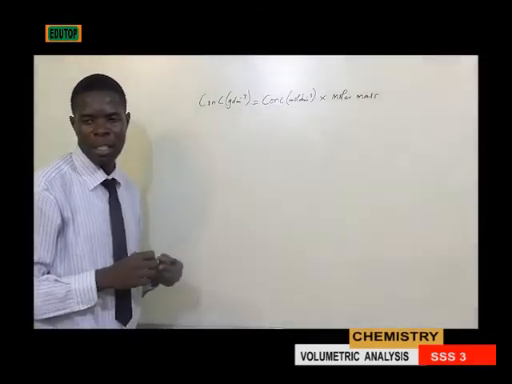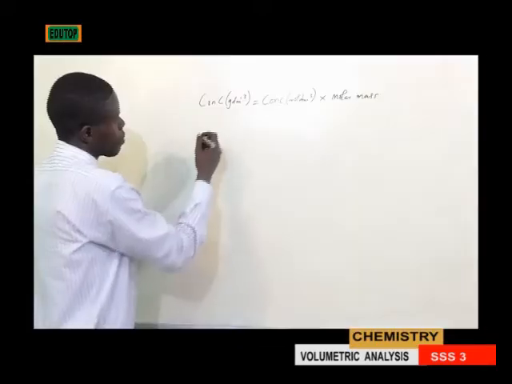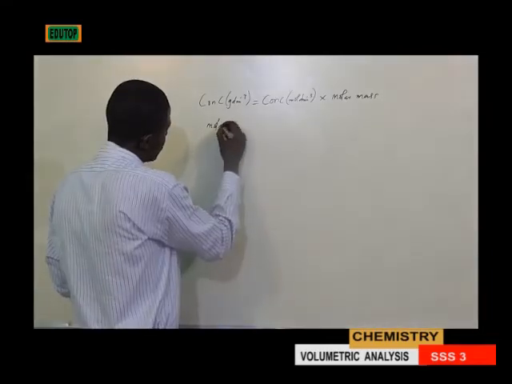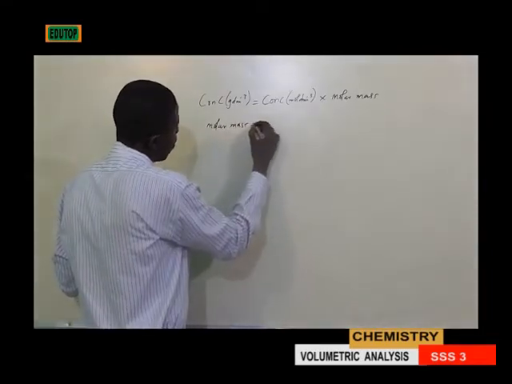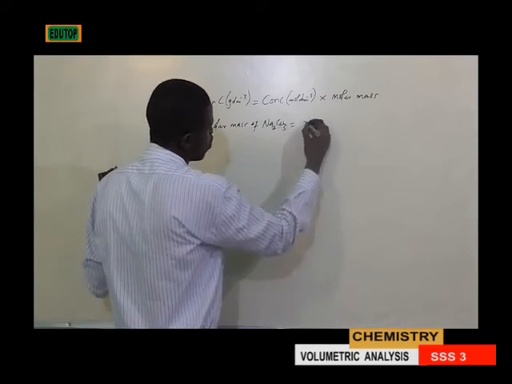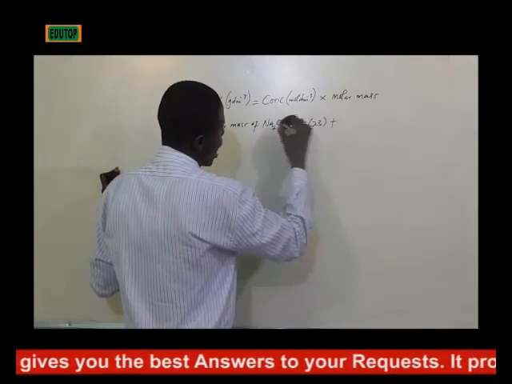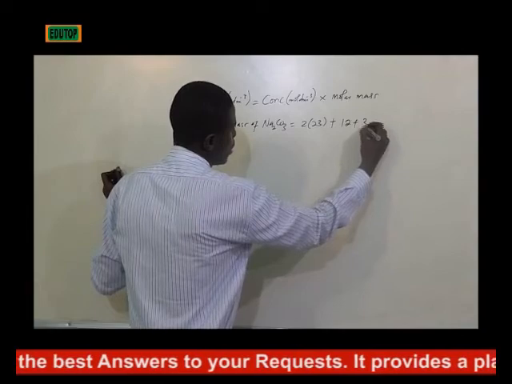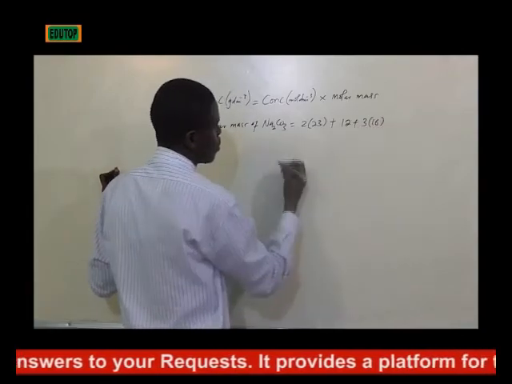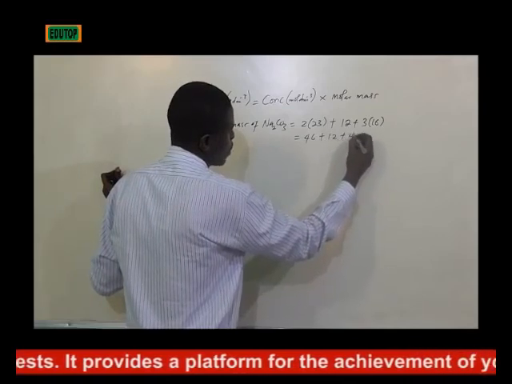From the question, we are asked to look for the concentration of B in gram per dm³. The molar mass of Na2CO3, which is the base, is 2 of 23, because sodium is 23, plus carbon is 12, plus 3 of 16, which is oxygen. So this is 46 plus 12 plus 48.